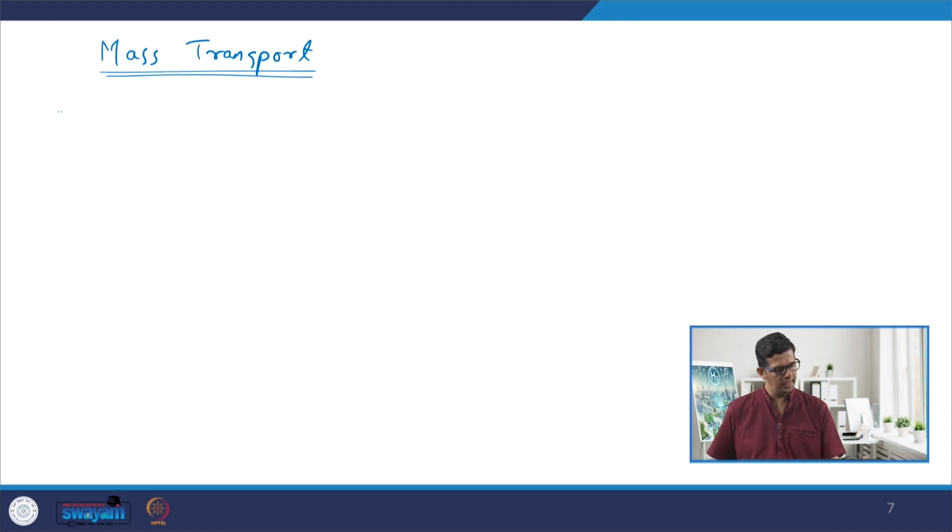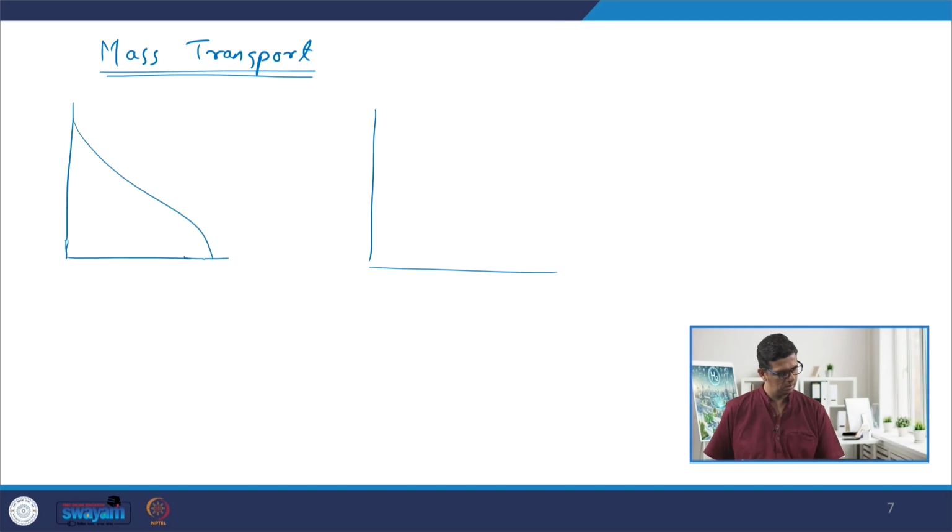So far what we have seen in case of a fuel cell or electrolyzer, this is the zone of activation overpotential, this is ohmic, and this is mass transport.